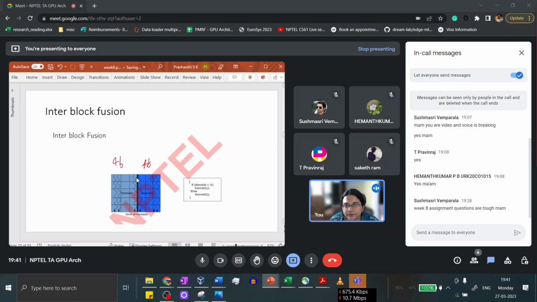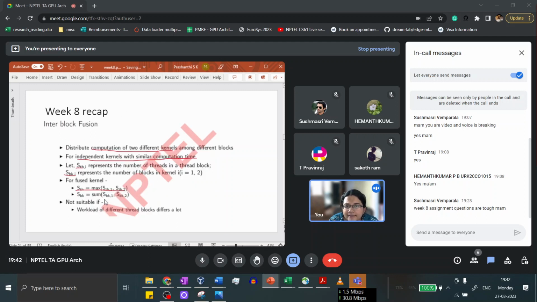Which I don't want to do. I don't want to change any of that. I want each of these kernels to execute the same way as they were originally intended. So what I do is I do 4 plus 4, 8 blocks. And threads, as far as threads goes, I don't change anything. I keep it as max of STH1, STH2.